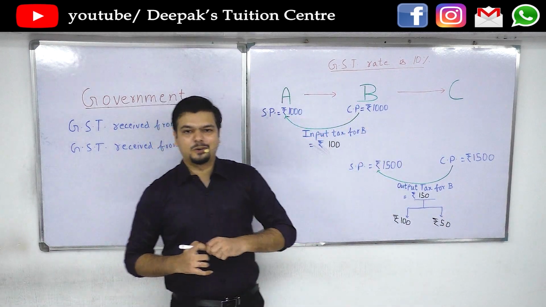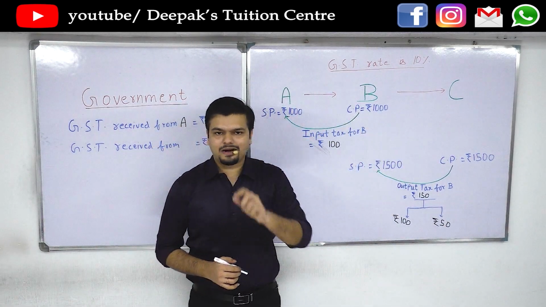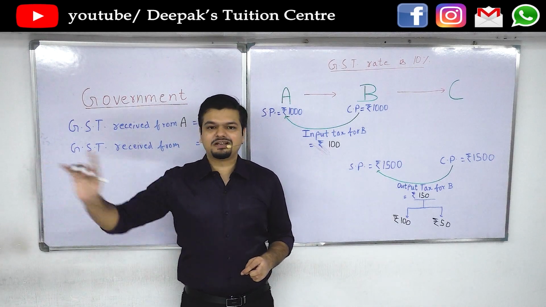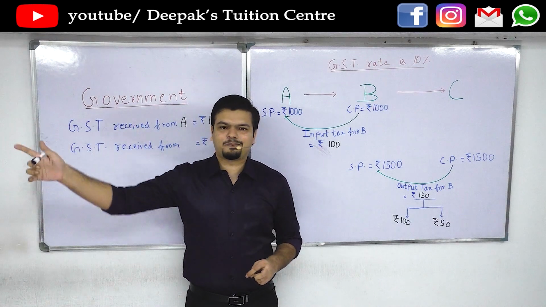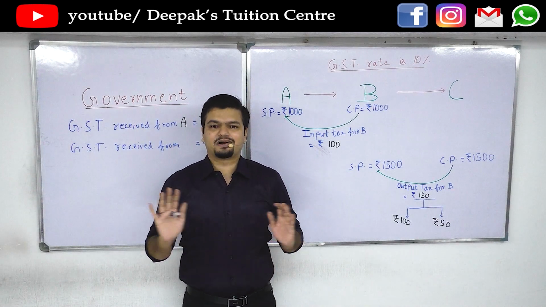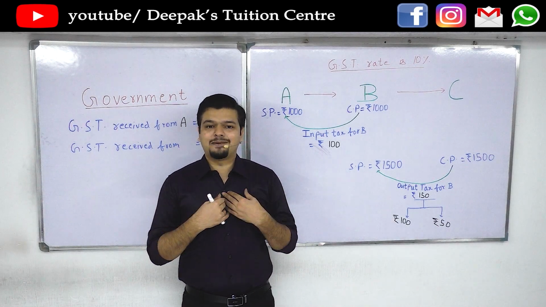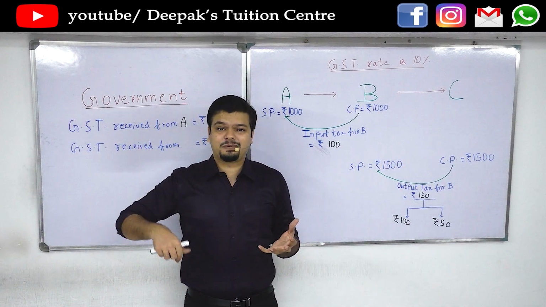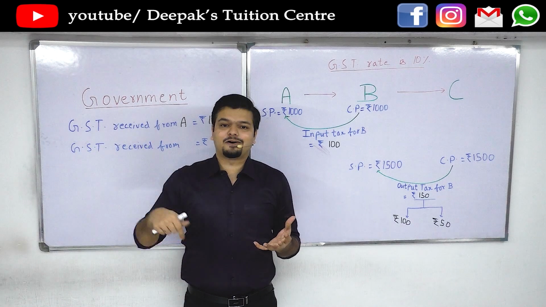What did he do with these two parts? He told the government, look, I have already paid rupees 100 to Mr. A, and you collect that rupees 100 from Mr. A. I am not responsible for that. What I am responsible for is this: I have collected 150 rupees, out of which 100 rupees was previously paid out of my pocket.